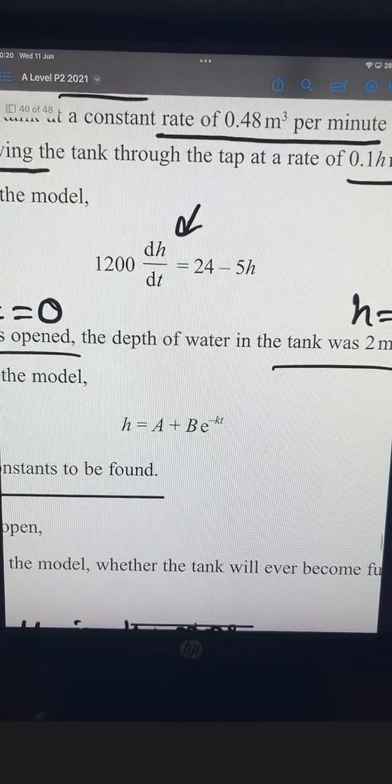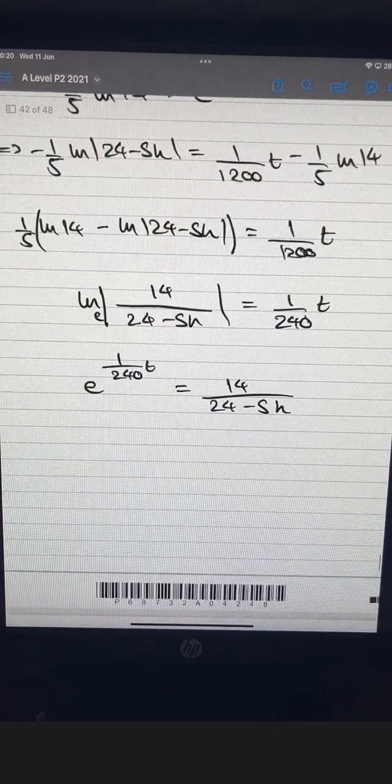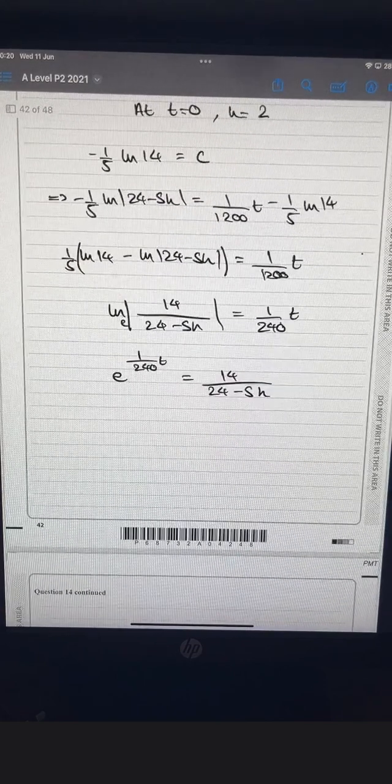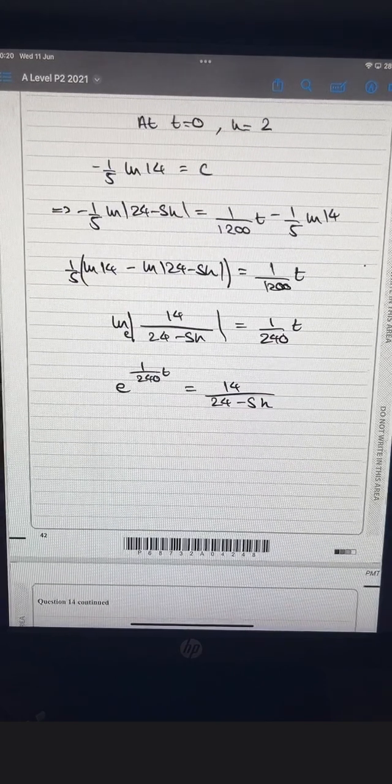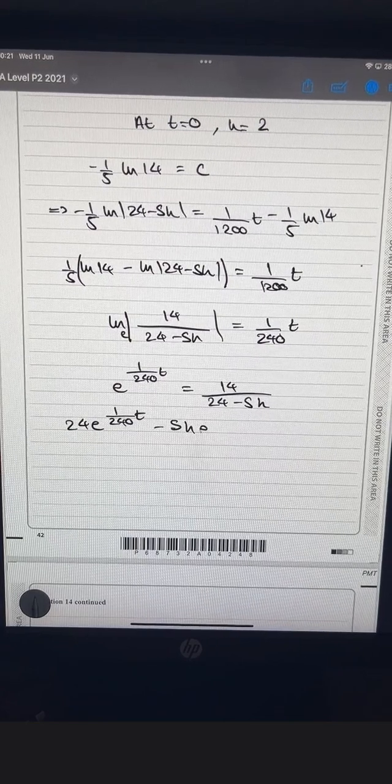So what I can do is I'm going to multiply by 24 minus 5h onto both sides. So this is going to look obnoxious. I apologize, but this is what you have to do. 24 e to the 1 over 240t minus 5h e to the 1 over 240t is equal to 14.